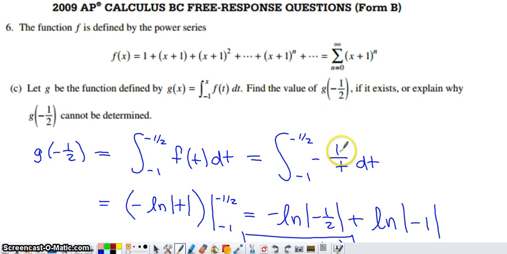So I'm not using negative 1 over x because the variable that's within f here is t. So I just swapped out the x in f for a t. So I put negative 1 over t in place of f of t.